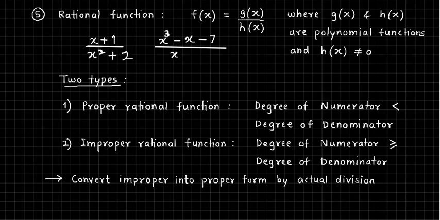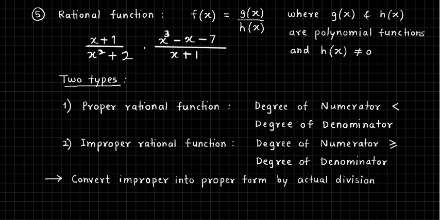Okay, so therefore x cube minus x minus 7 whole divided by x plus 1. That is the example of an improper rational function because the degree of numerator is greater than the degree of denominator.